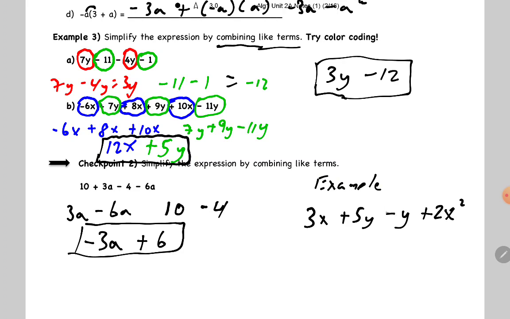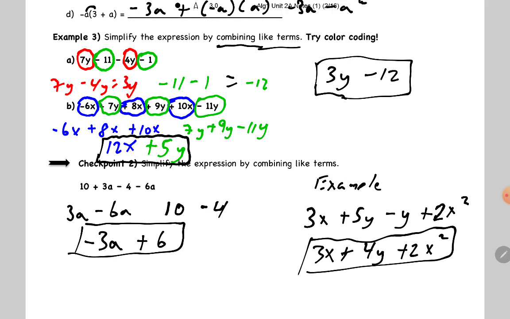So 5y minus y is 4y. The x and the x squared are not the same. So we're just going to add them. Okay? And that would be the most simplified form.